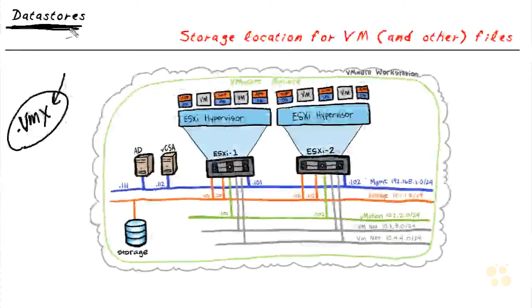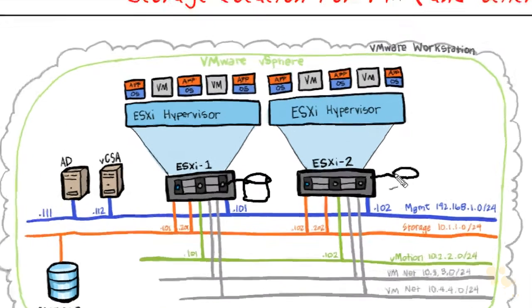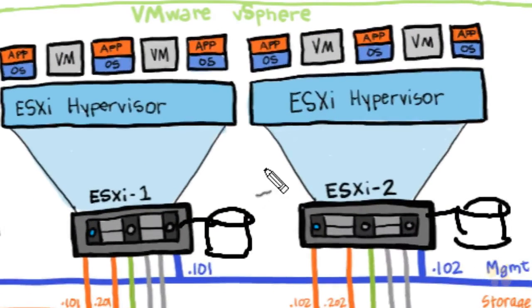in the data stores. By default, when we deployed ESXi host 1 and ESXi host number 2, they both have a local hard drive. As a result, they both created a data store using the available space on their local hard drives.